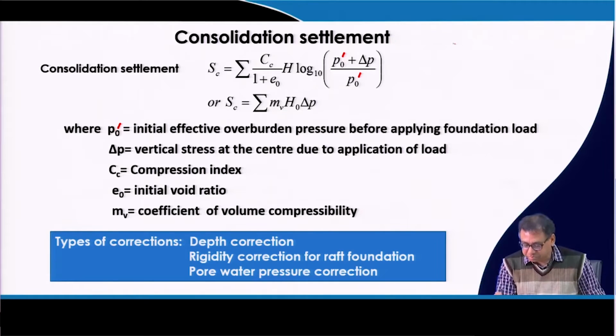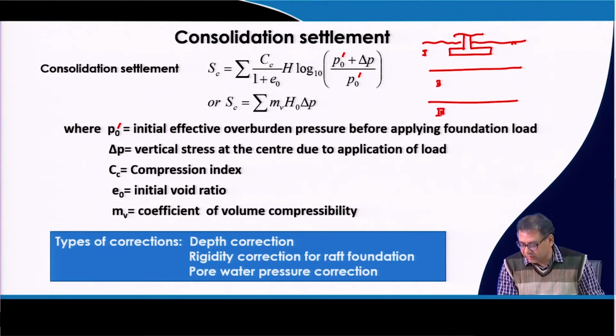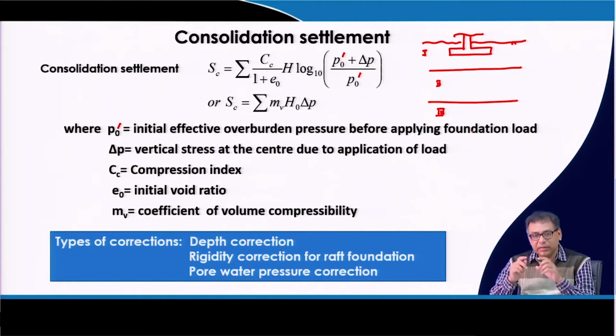For example, this is the foundation, and this is the ground surface, and you have different layers: this is layer 1, this is layer 2, this is layer 3, and so on. Remember that for the bearing capacity equation, the thickness of the layer below the foundation base up to a depth equal to the width of the foundation is considered.